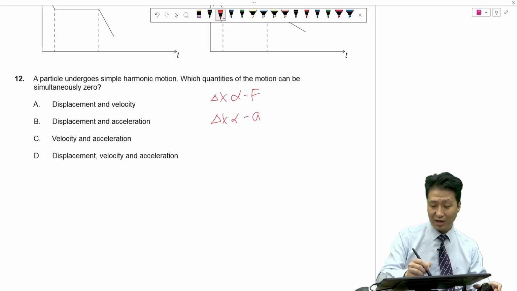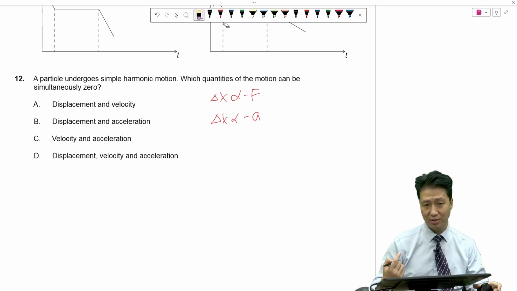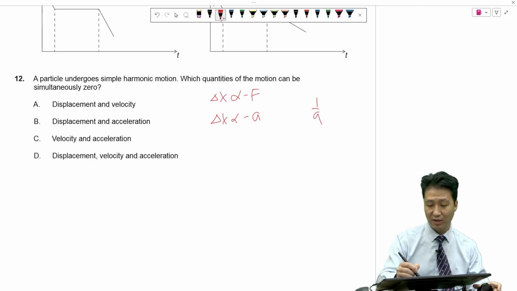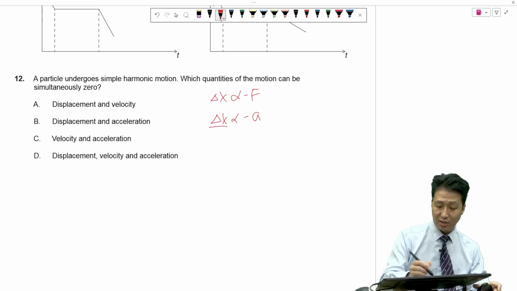One thing you should be very careful of: just because they're opposite directions does not mean it's inversely proportional. Inversely proportional is 1 over that value. So, if x equals 0, acceleration is 0. So the answer should be B.